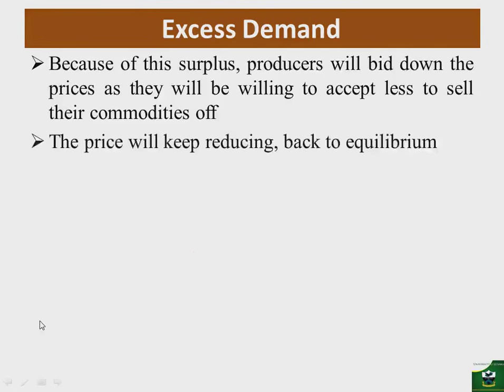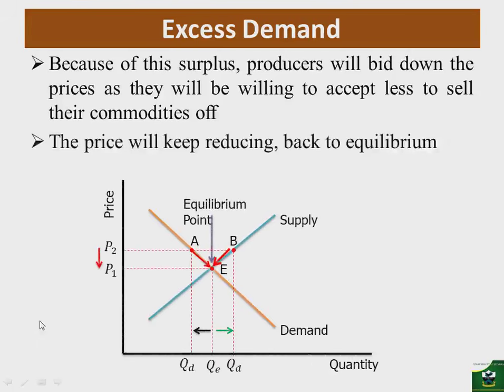The price will keep reducing, and graphically, we see that moving away from points A and B, where we have price P2, the producers will be bidding down the price, and we will be gravitating back towards point E. And at that part, these arrows should point the other side, that we are going back to our equilibrium. So this demand should be taking us back, and this side from the supply back. So that is it with the excess demand and excess supply.